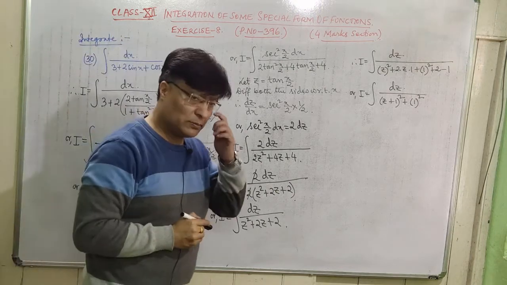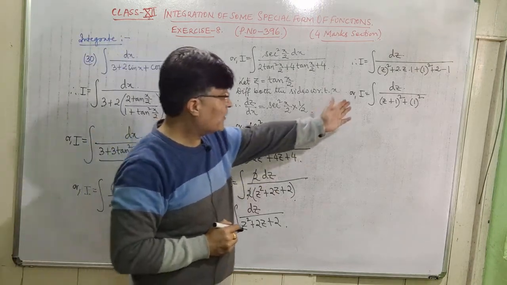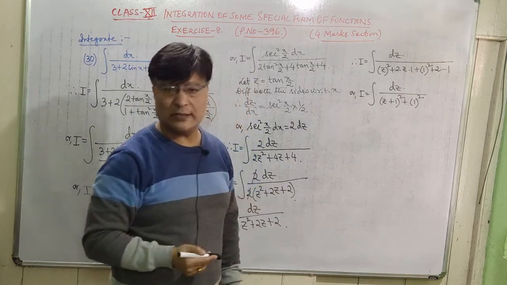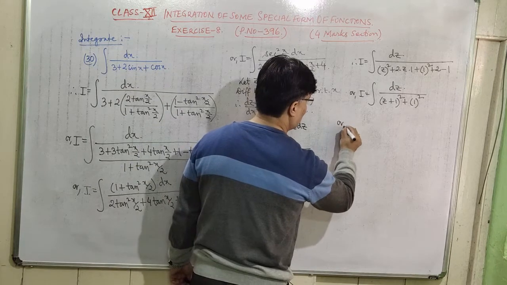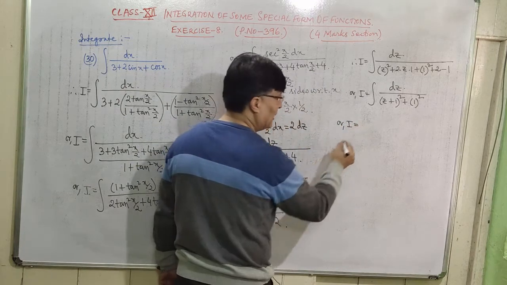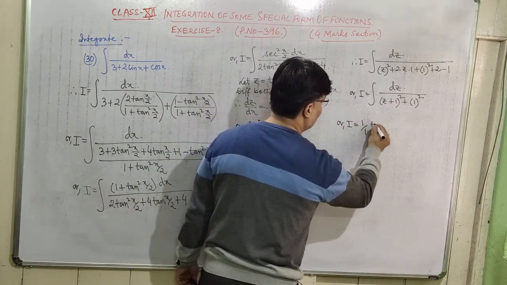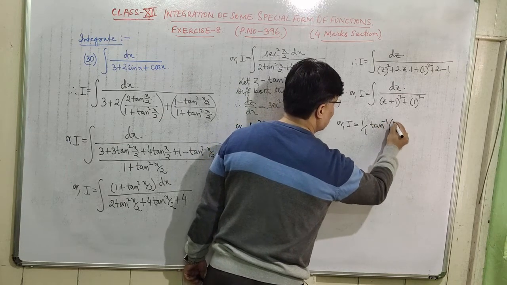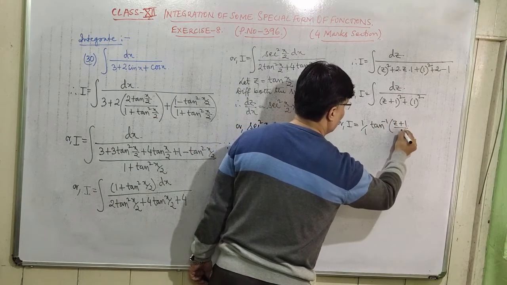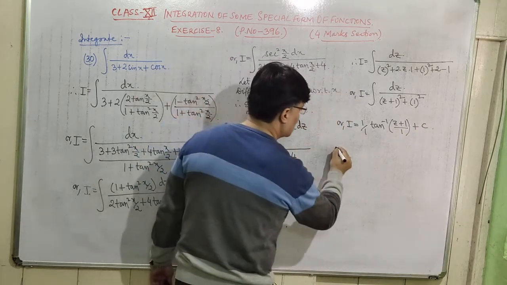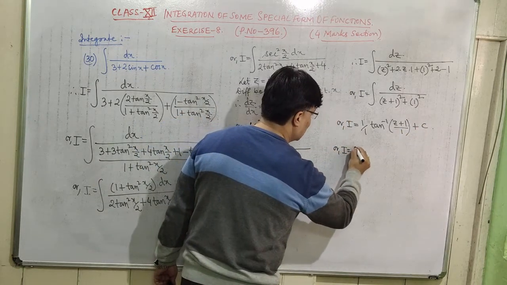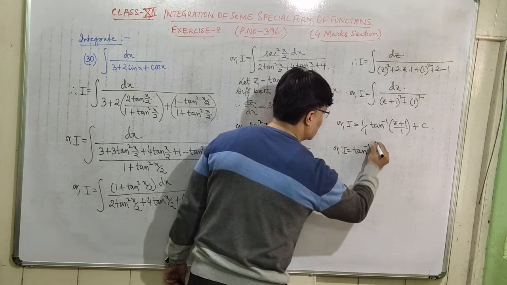So what is the formula now? So instead of x there is z plus 1, instead of a there is 1. This is the first standard integral in method of substitution. So what is the formula? 1 upon a, 1 upon 1, tan inverse, what is x here? Z plus 1 upon 1, bracket closed, plus c. So 1 upon 1, you don't have to write it. So it is tan inverse within bracket.